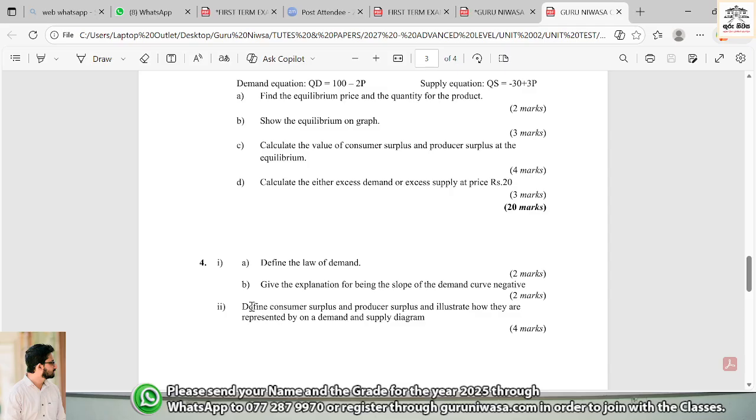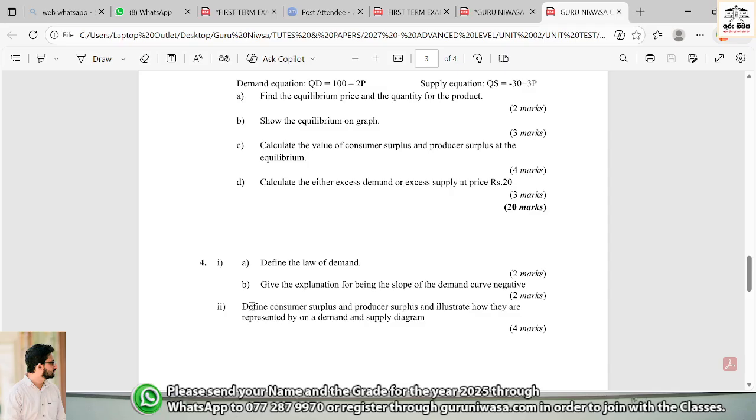The law of demand is the inverse relationship between the price of the considered good and quantity demanded when other factors affecting demand remain constant. Remember, you must include that part. Right?